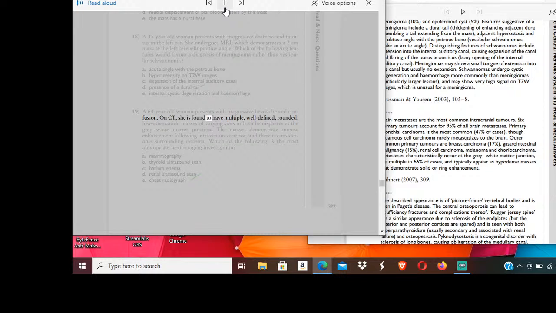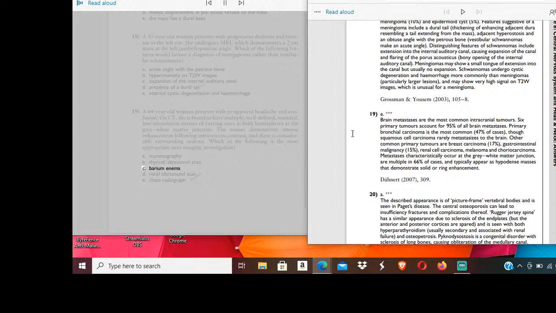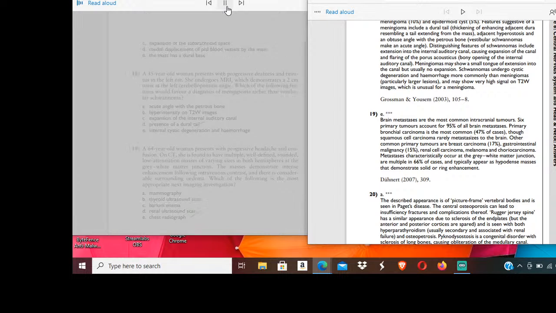On CT, she is found to have multiple, well-defined, rounded, low attenuation masses of varying sizes in both hemispheres at the gray-white matter junction. The masses demonstrate intense enhancement following intravenous contrast, and there is considerable surrounding edema. Which of the following is the most appropriate next imaging investigation? A. Mammography. B. Thyroid ultrasound scan. C. Barium enema. D. Renal ultrasound scan. E. Chest radiograph.